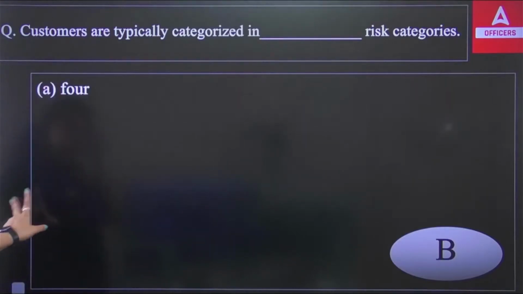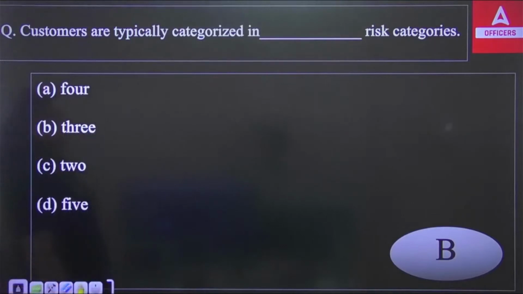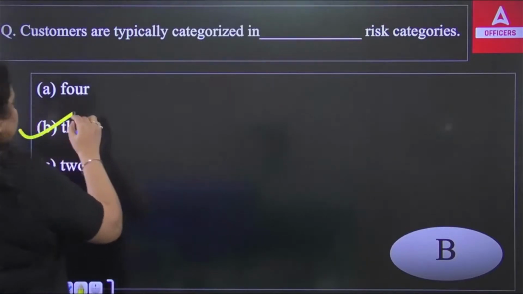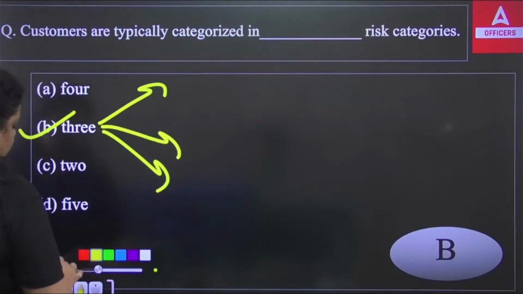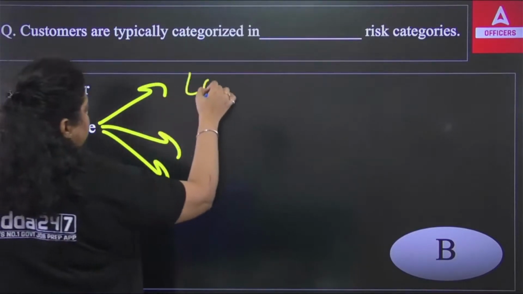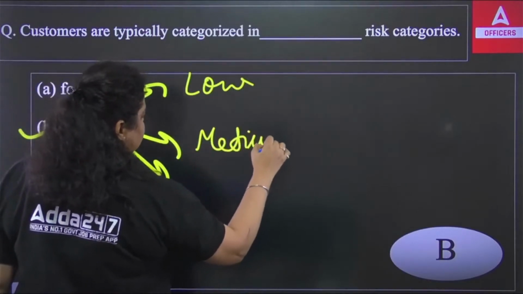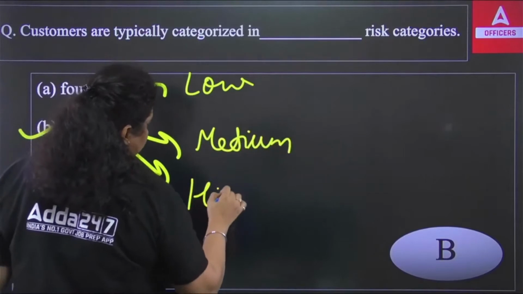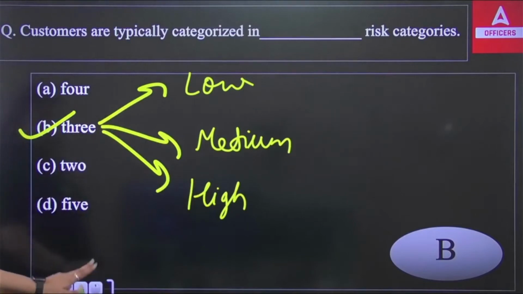The options here are 4, 3, 2 and 5. The right answer here will obviously be 3, because on the basis of risk we have divided customers into 3 categories: low risk customer, medium risk customer, and high risk customer. For them, different KYC periodic updation durations have been given. So the right answer for this question will be 3.